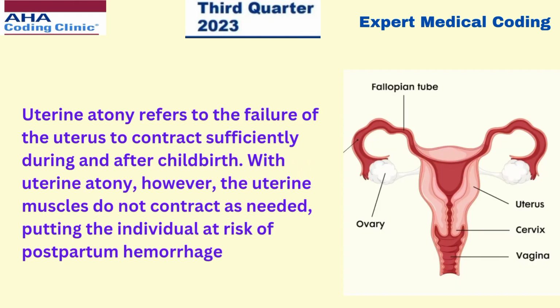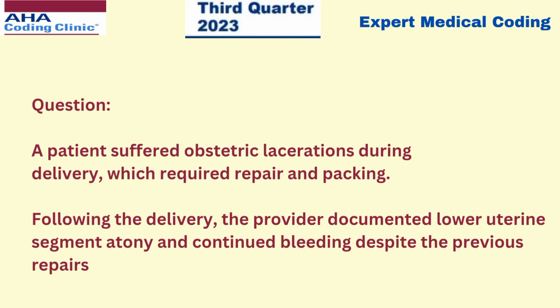Let us see what it is. Uterine atony refers to the failure of the uterus to contract sufficiently during and after childbirth. With uterine atony, the uterine muscles do not contract as needed, putting the individual at high risk for postpartum hemorrhage. So in this scenario, the patient had obstetrical laceration during delivery which required repair and packing, and following the delivery, the provider documented lower uterine segment atony and continued bleeding despite the previous repairs.